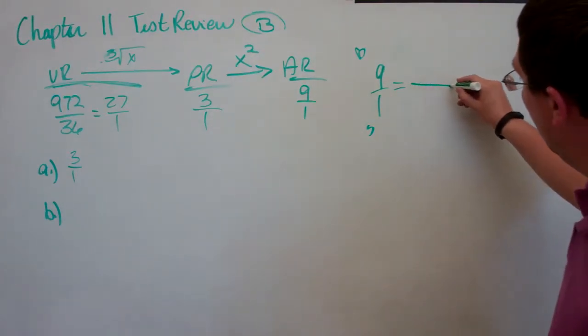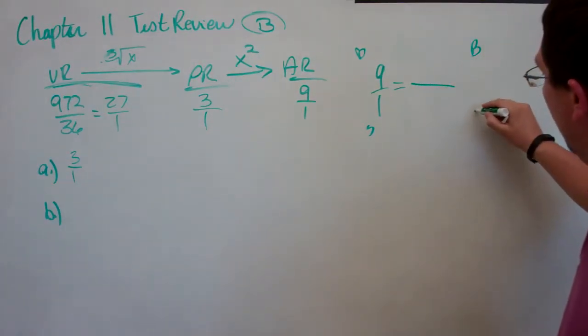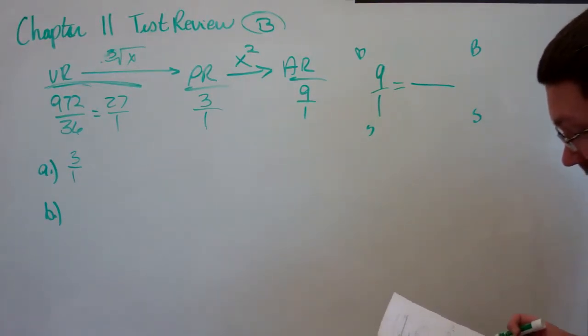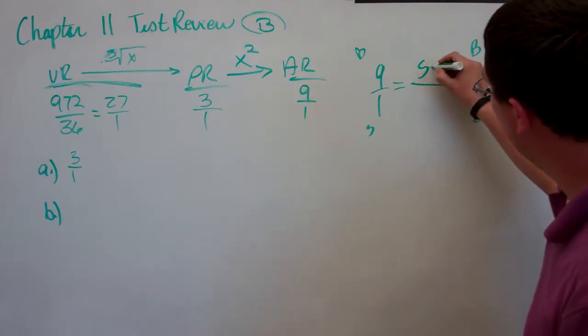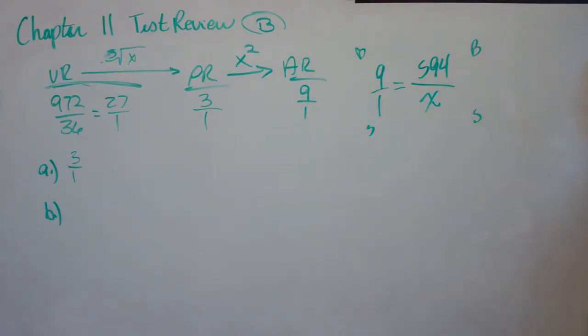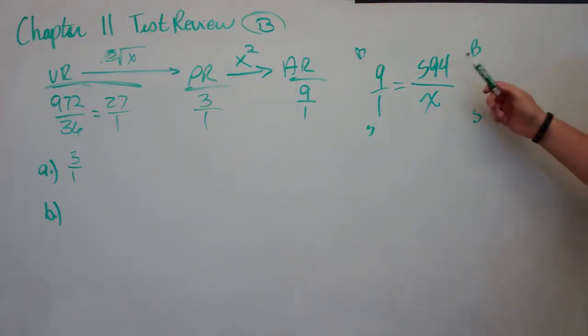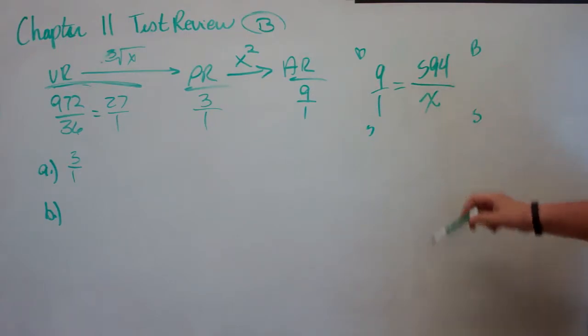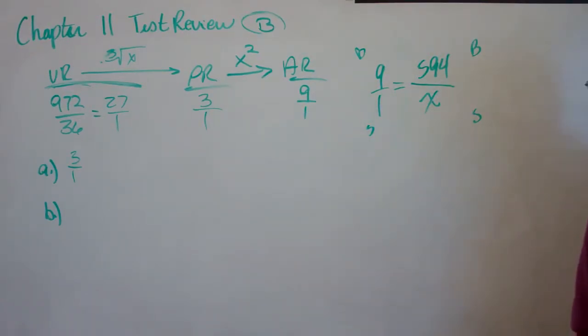So, when we do our proportion, we want big over small. And it says the surface area of the larger prism is 594, and we're looking for the small, and we don't know what it is. So, this is what your proportion should look like. If you wrote 1 over 9 equals x over 594, you're okay too.